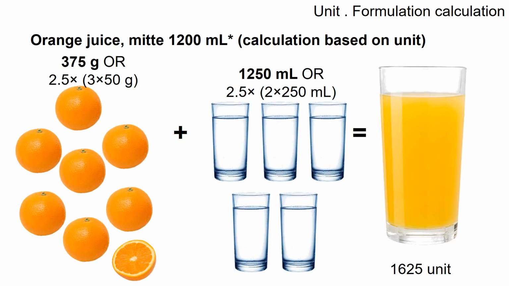Let's illustrate the formula in picture form. To prepare 1625 units of oranges, you need 2.5 times the given formula. It means that you will have 7.5 oranges with 5 glasses of water.